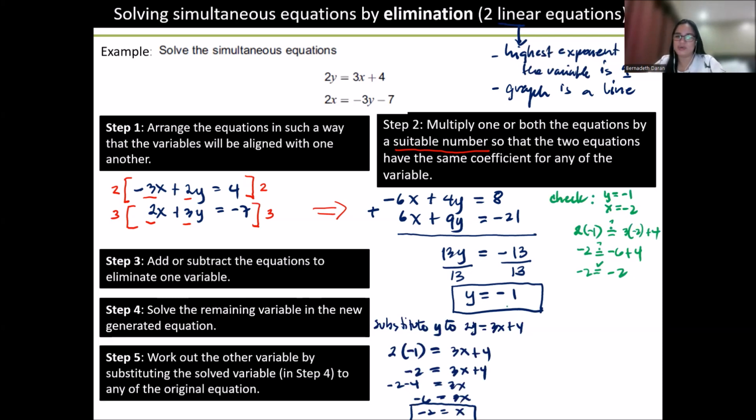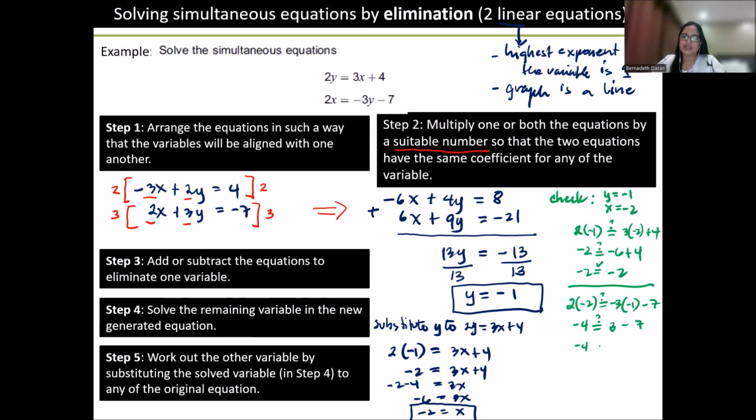So we are true for the first equation. Now let's try the second equation. We have 2 times negative 2 is equal to negative 3 times negative 1 minus 7. Are they equal? Let's see. 2 times negative 2 is negative 4. Is it equal to positive 3 minus 7?